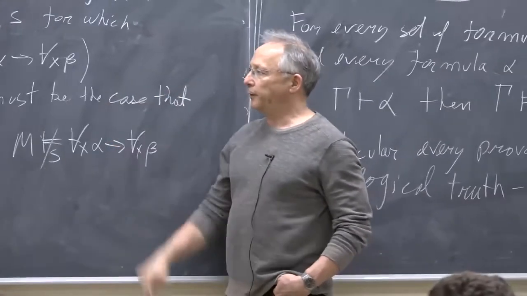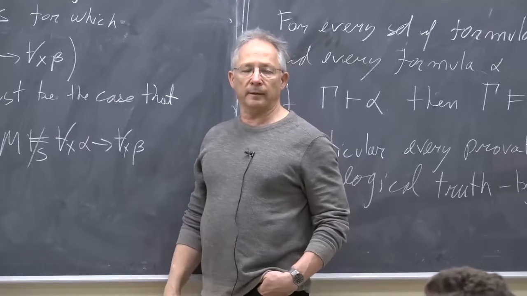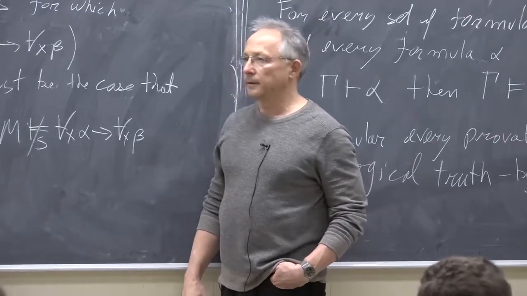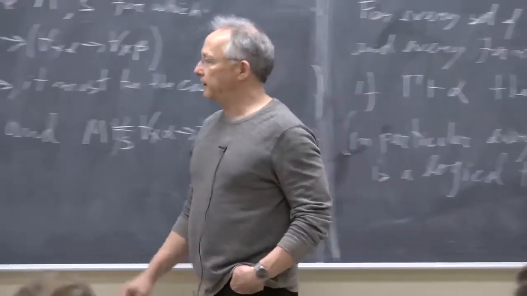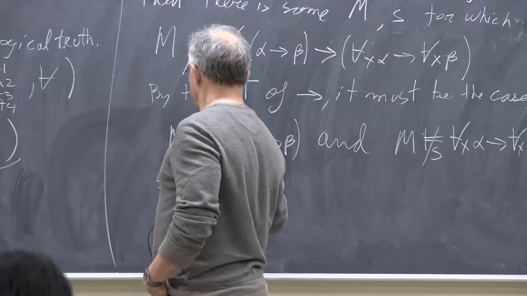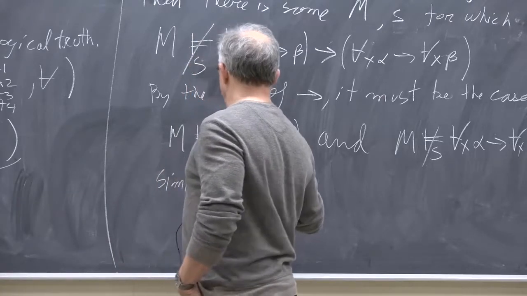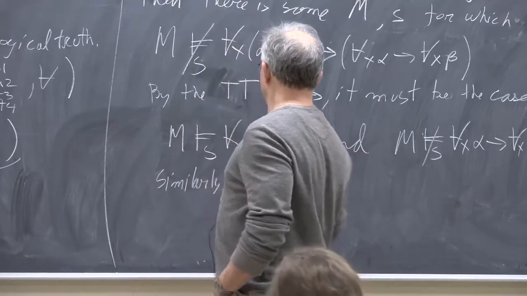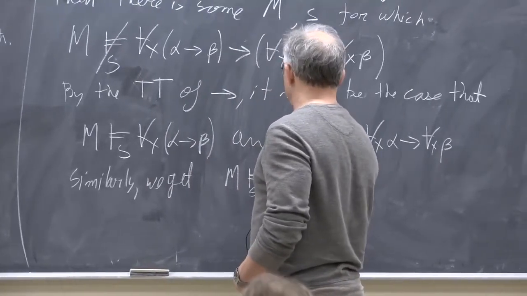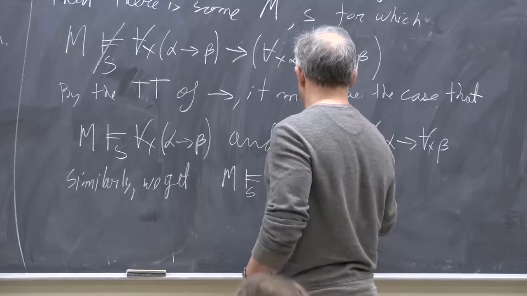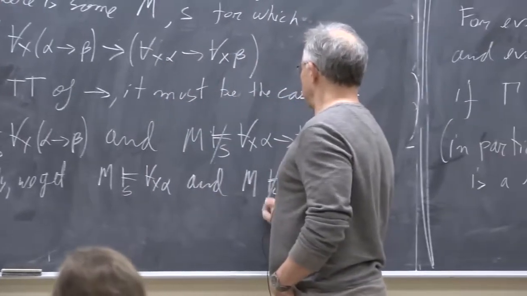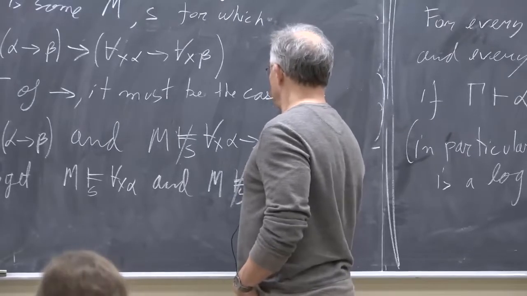If an implication fails, it must be the case that the head holds and the tail fails. Similarly, we get for this structure M under S satisfies for all X alpha, and M under S does not satisfy for all X beta.